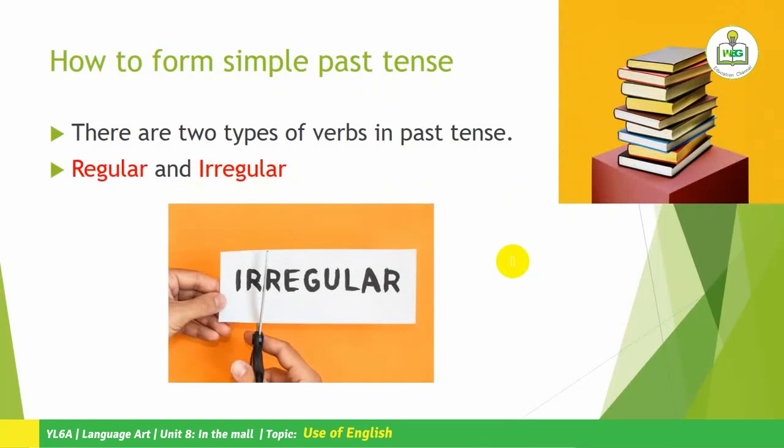Now, when you're forming a sentence in simple past tense, remember there are two types of verbs. There's the regular verb and the irregular verb. In today's lesson, we will be learning about the regular verb in past simple tense.